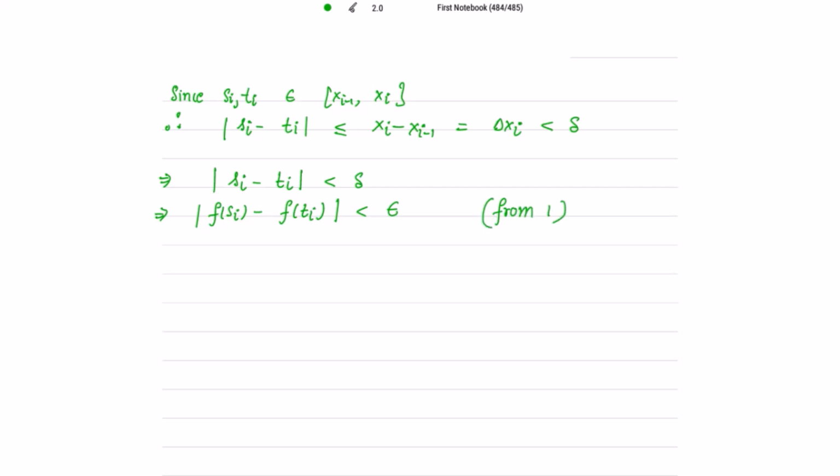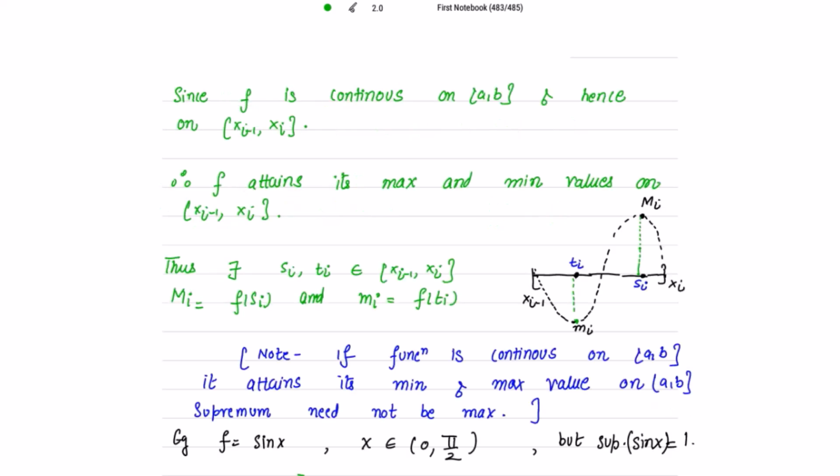Very fine. So this f of si we have taken to be capital Mi, because the function is continuous all over the interval, so it attains its maximum and minimum values. Suppose at si and ti, I have taken f of si to be equal to capital Mi and f of ti to be small mi.